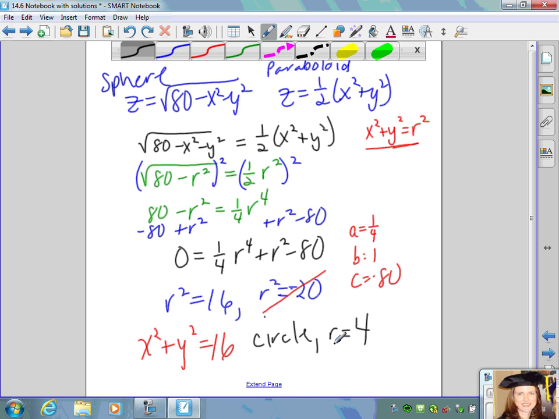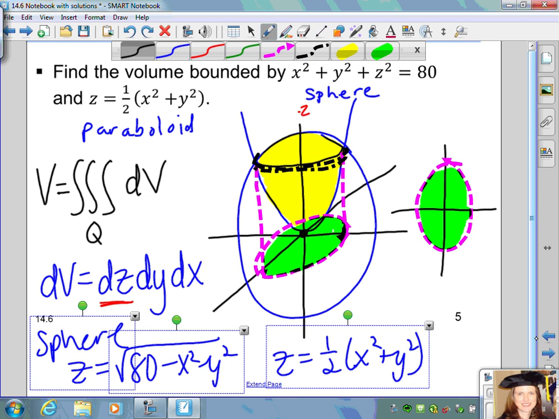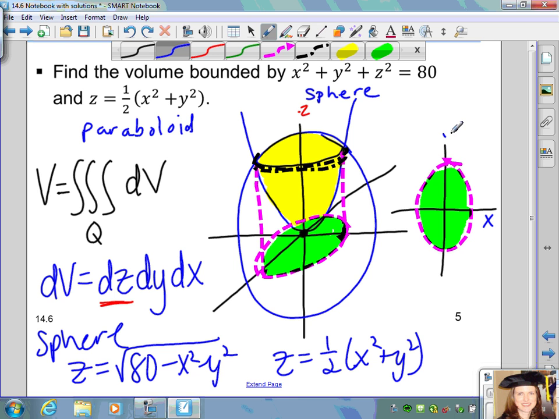Now we want to look back at the original drawing, where we wanted to find the volume in between, and project this intersection onto the xy plane. So now we get that the equation of this circle, this projection in the xy plane, is x squared plus y squared is equal to 16.